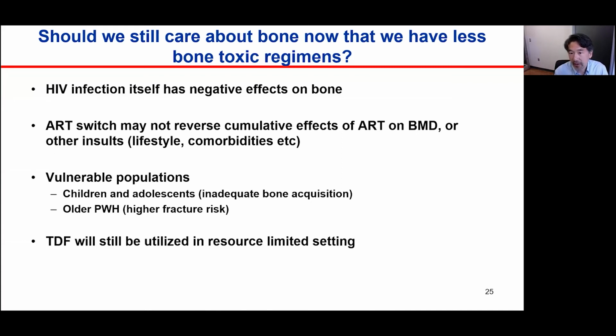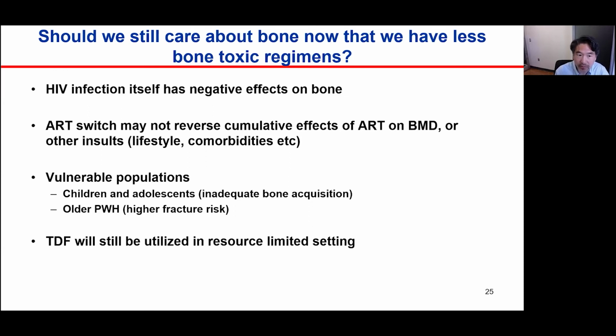HIV and ART on bone density, or other insults like lifestyle or comorbidities that occur with greater prevalence among HIV patients. And lastly, there are vulnerable populations that I've shown, children and adolescents in their inability to reach peak bone mass, and in older individuals who are at higher risk.